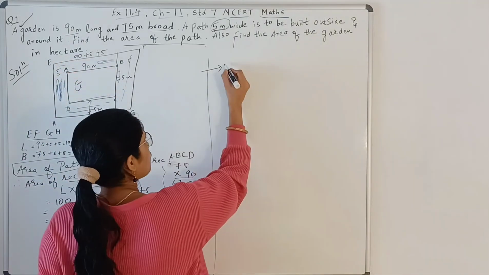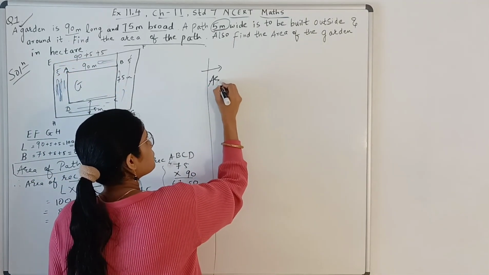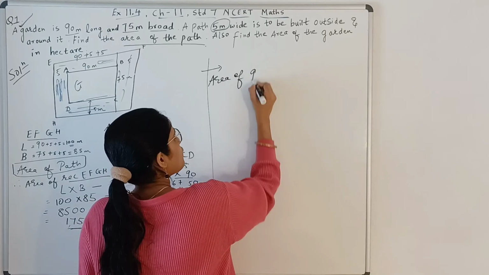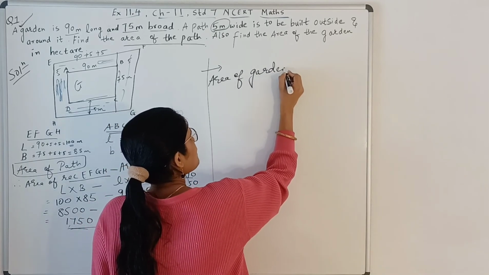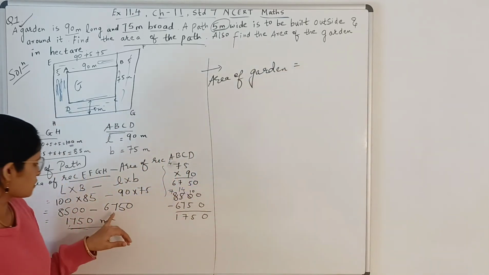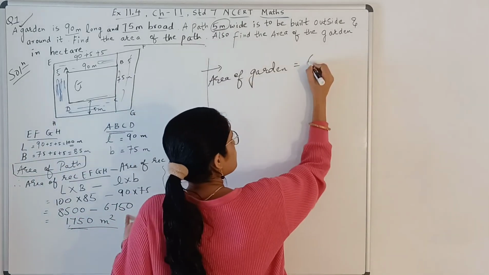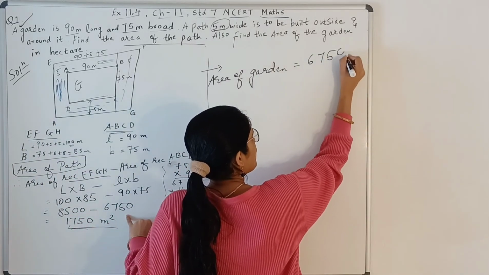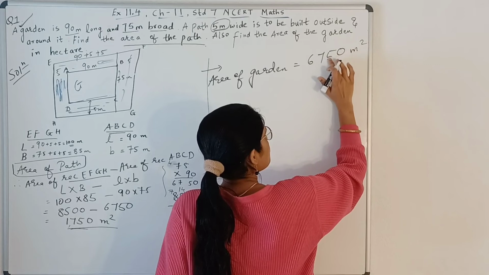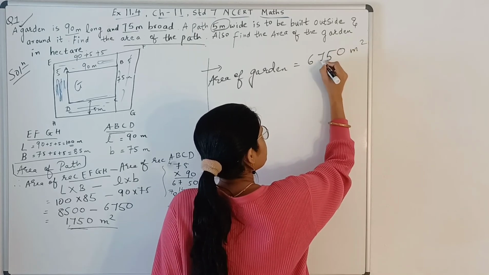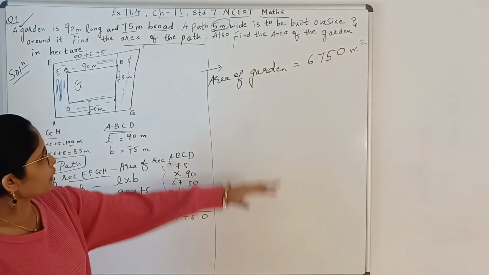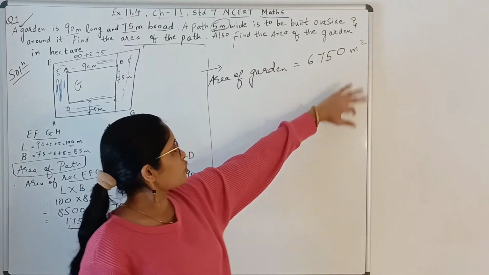Okay, so first of all we will write down area of garden, which we already have got, and that is 6750 meters square. Okay. Now we need to convert this meter square into hectare.